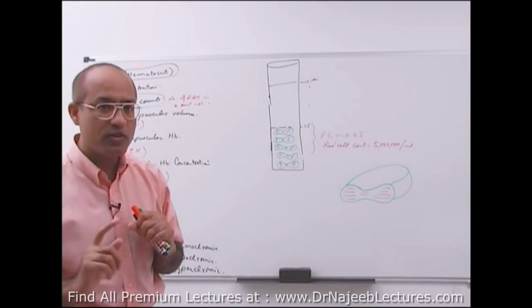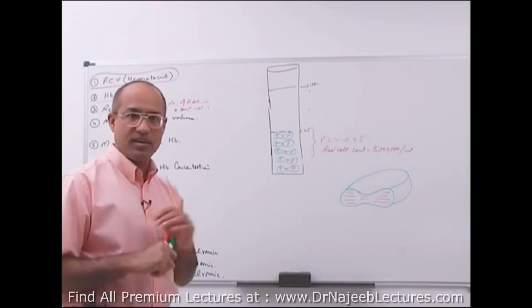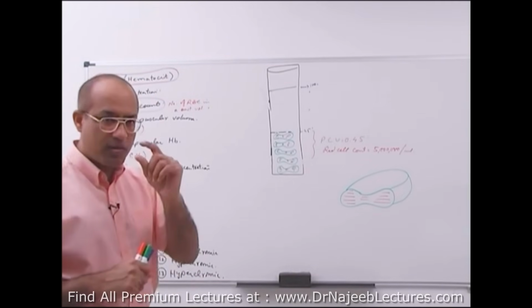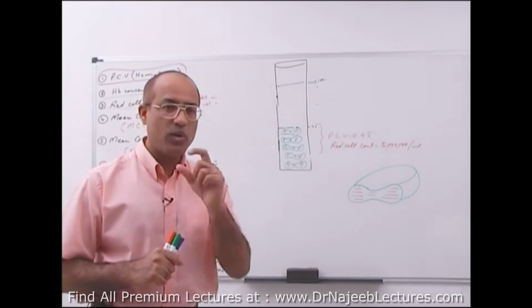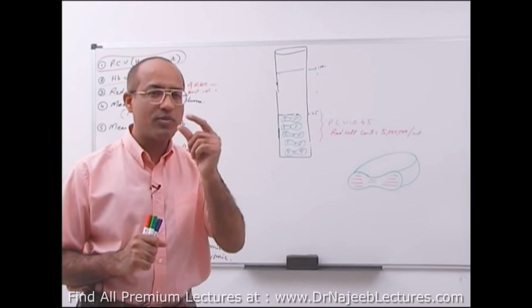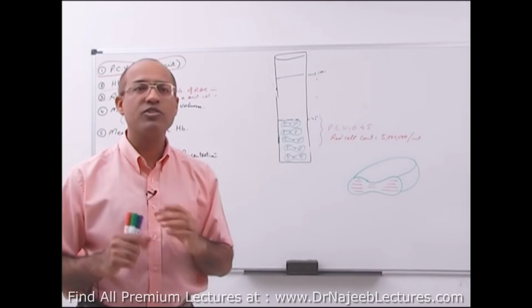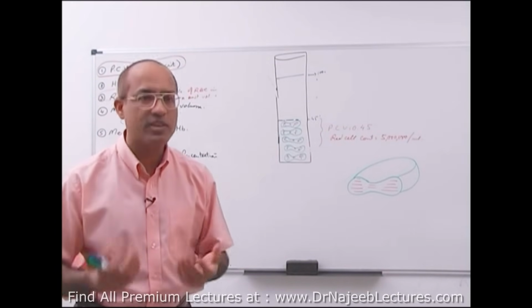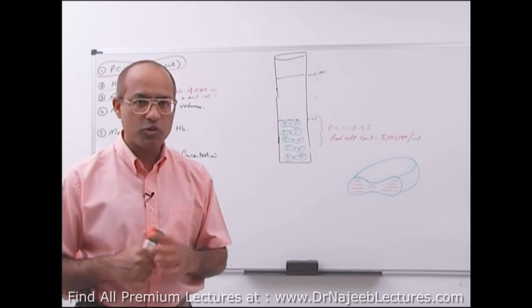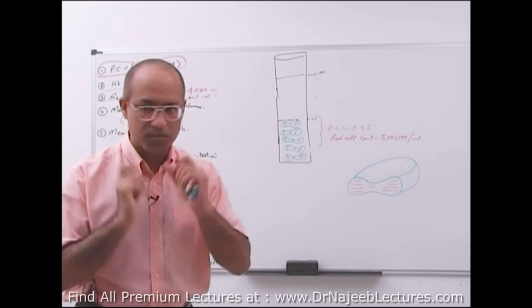Is that right? So why does a normal red blood cell have only 1/3 of it full of hemoglobin? Because this is the maximum metabolic capacity of cells to make hemoglobin in a given RBC.